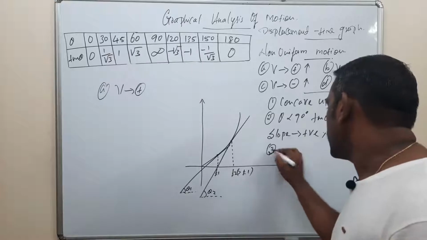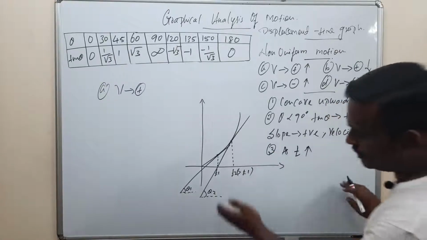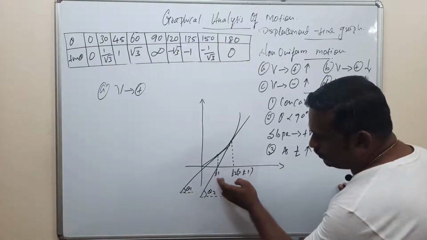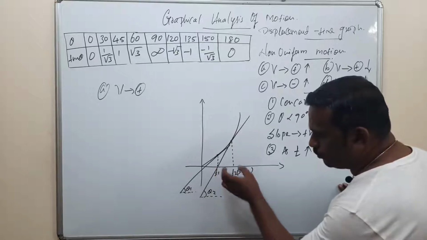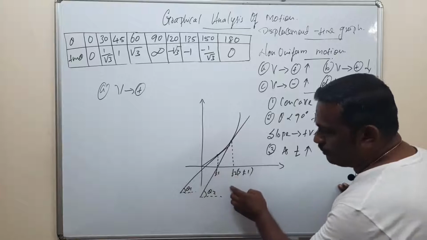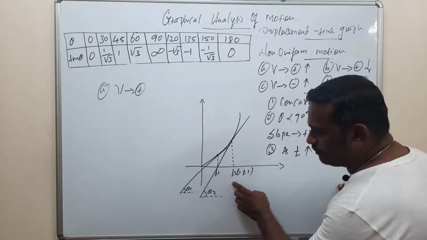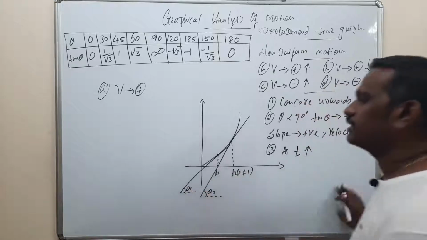Third point, as time increases, look at the slope of the tangent at time t1 and t2. The slope of the tangent at t2 is greater than the slope of the tangent at t1.